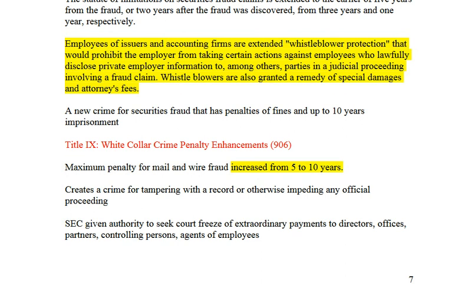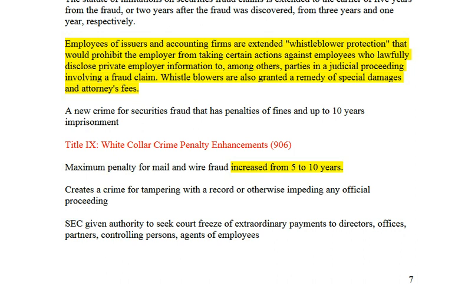Employees of issuers and accounting firms are extended whistleblower protection that would prohibit the employer from taking certain actions against employees who lawfully disclose private employer information to, among other parties, a judicial proceeding involving a fraud claim.